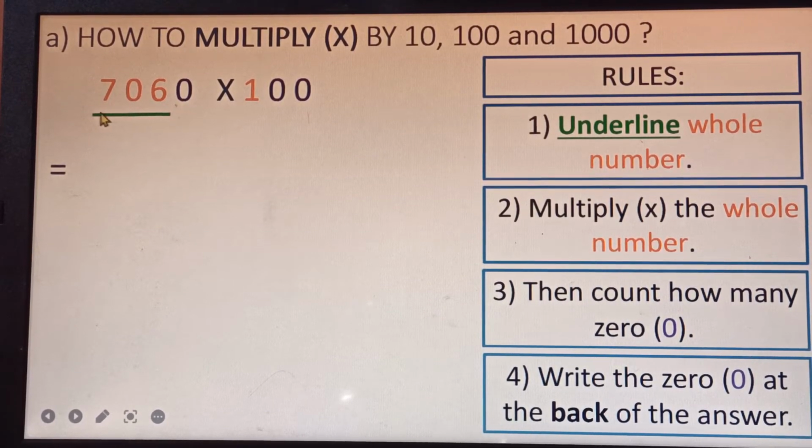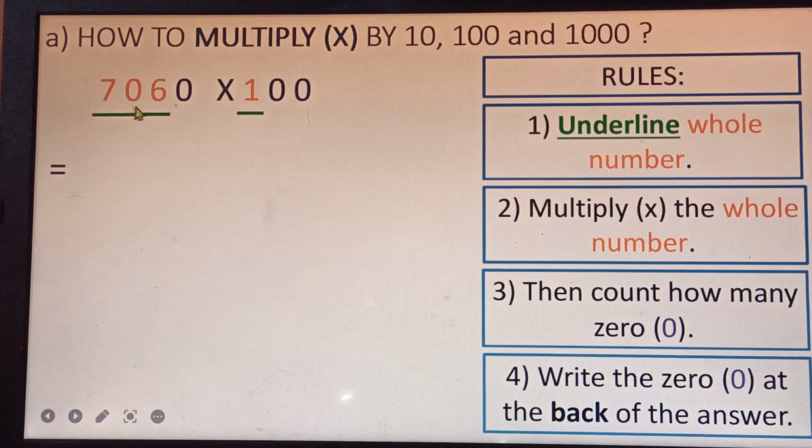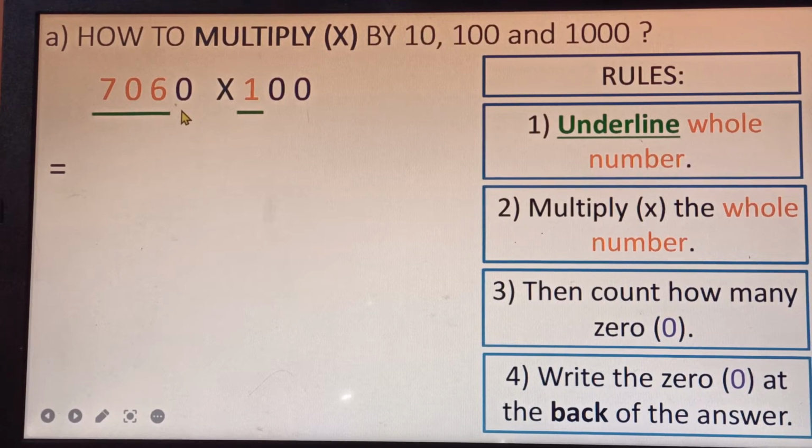Pasal kita hanya mengira yang ada whole number and 0-nya di tengah-tengah antara dua whole number. So that is 706. And which one is another whole number? Yes, 1, isn't it? So you underline dulu whole number. Okay, tidak termasuk 0 yang di belakang nombor whole number tu. Okay, 706 times 1 is equal to 706.